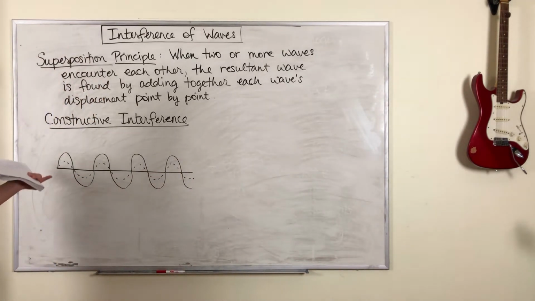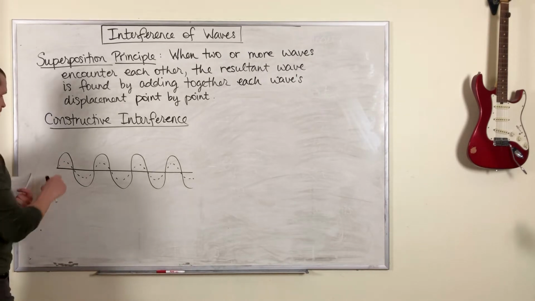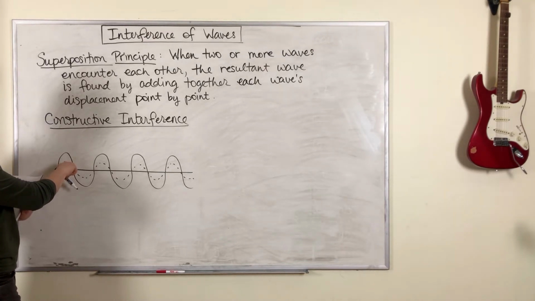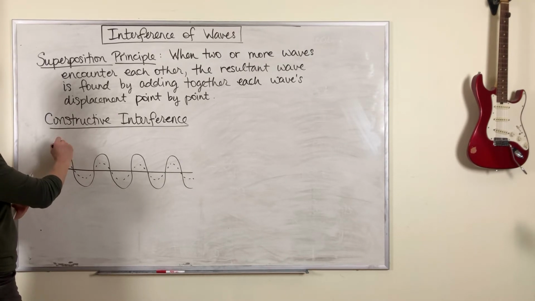The superposition principle says that these two waves are going to add together, point by point. So at each point, like this point, for instance, we'll take the amplitude of the first wave, the dotted one, and add it to the amplitude of the second wave, which would give you a point up here.